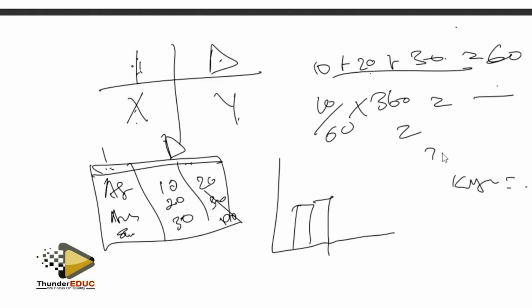Then after that, give a space. Plot this and this, maybe 20. And then plot this and this, maybe 50. Then a space. Now, these bars must be the same. If this bar is not the same as this, you lose a mark. The size must be the same. These spaces must be the same. If those spaces are not the same, you lose a mark. That's how kids lose marks with these graphs.